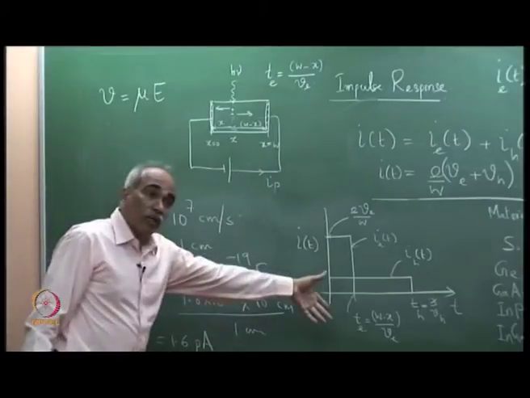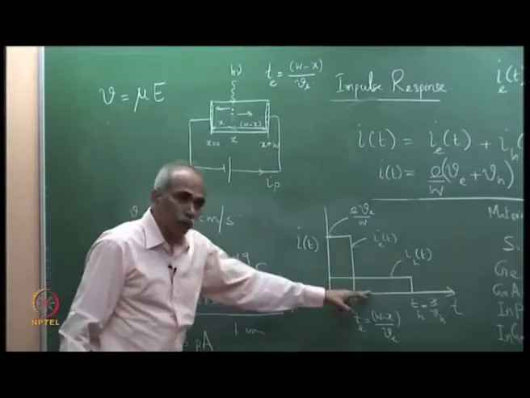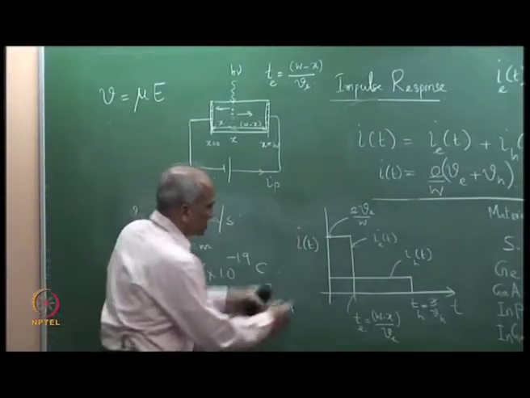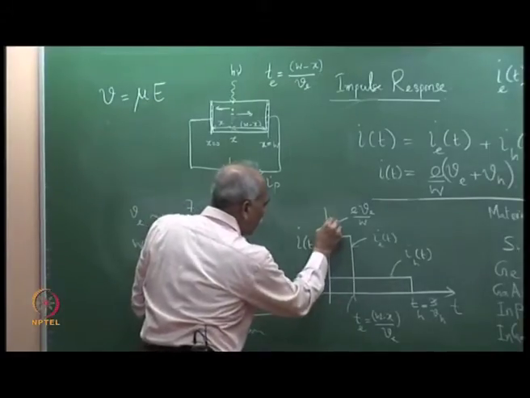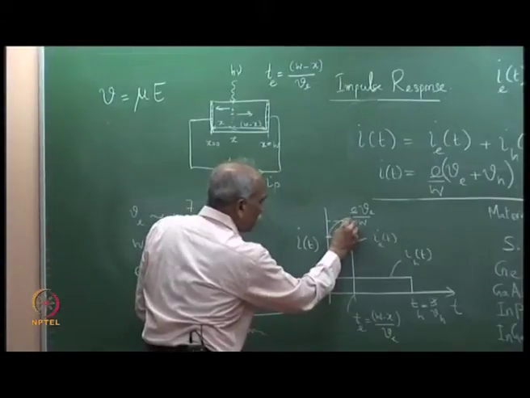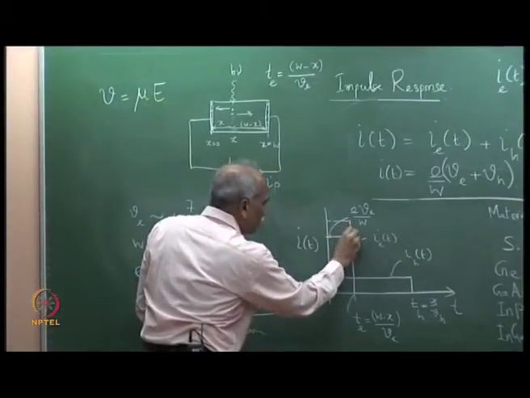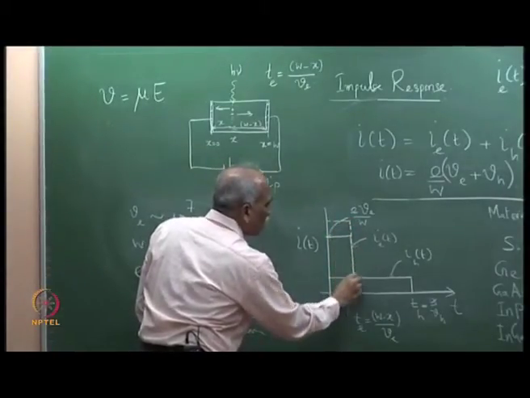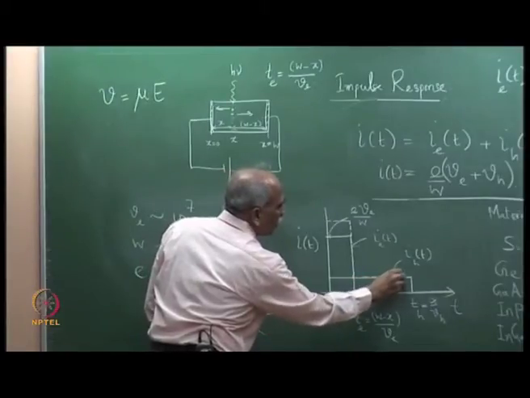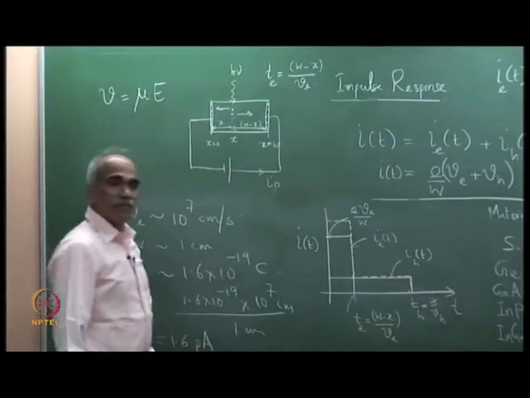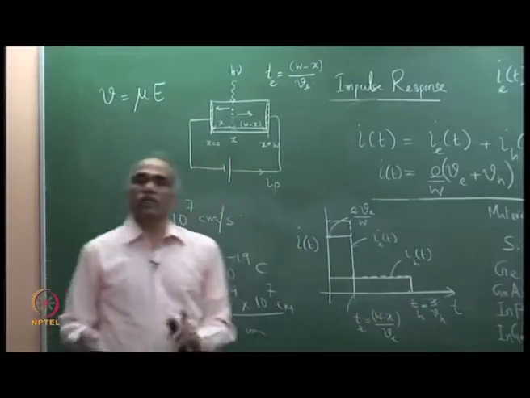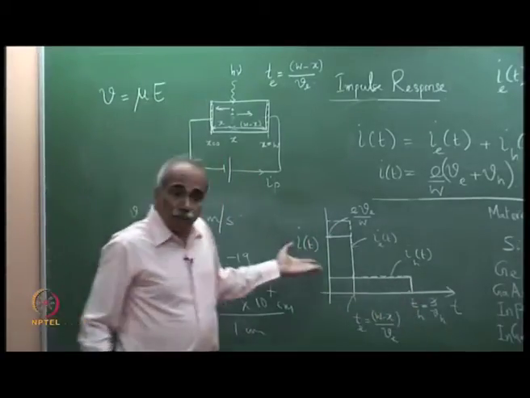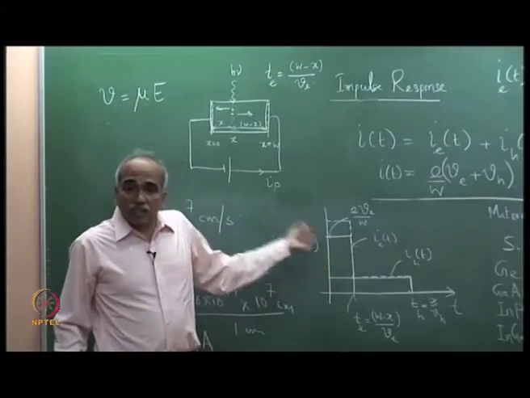So, the total current will be the sum of the two. If I want to plot the sum of the two, here it will add up. So, let me draw with the dotted dash line. My total current will look like this. The box with the dash line shows the total current. So, what have I plotted? I have drawn the impulse response.